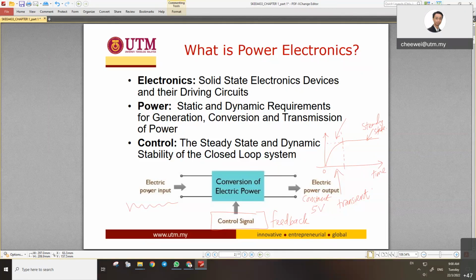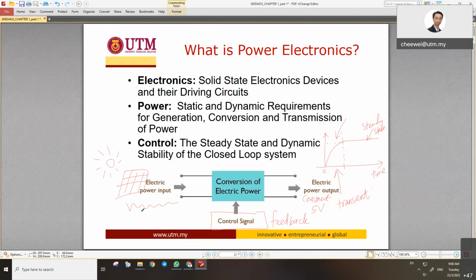So input may be changing. For example, if you're putting a solar panel here, we know that solar panel actually depends on the sunlight. If the sunlight is very good, then the output of the panel, which is the input to the electric power conversion here, will be high. But if the sun is setting, then the output of the PV panel will be reducing.